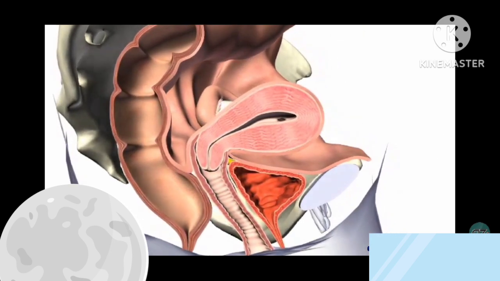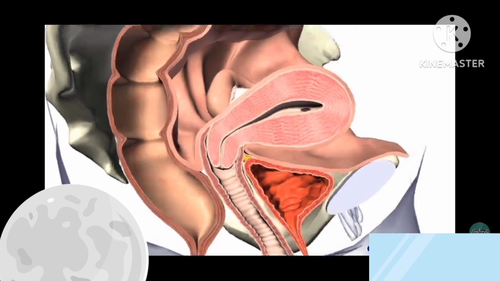So I've just come over to this nice cross-sectional model, and what I want to show you here is the way that the dome-shaped cervix protrudes into the vagina. So you can see this protrusion here. So by protruding into the vagina in this way, the cervix creates recesses around it.